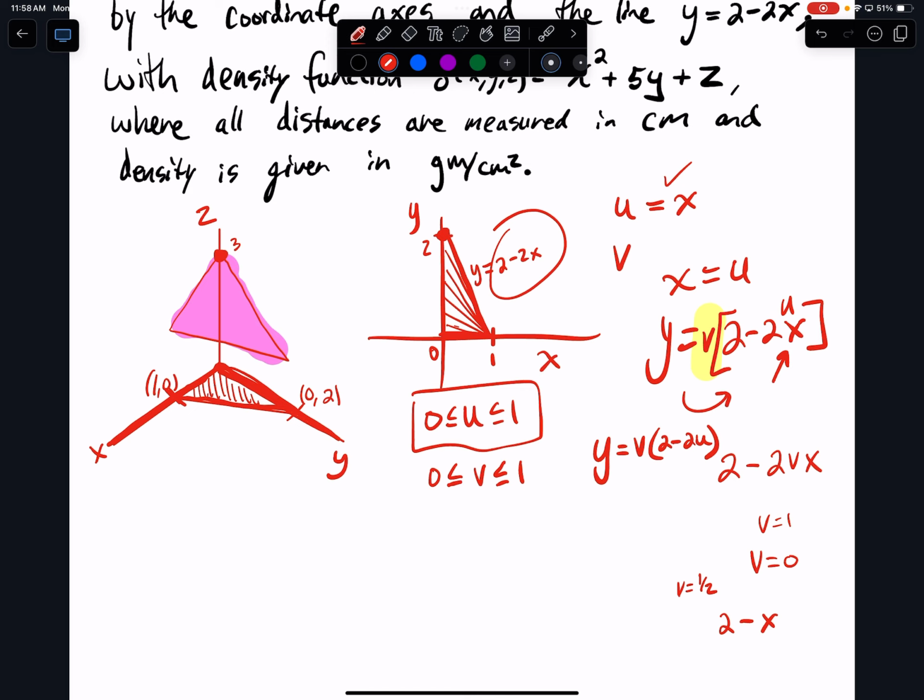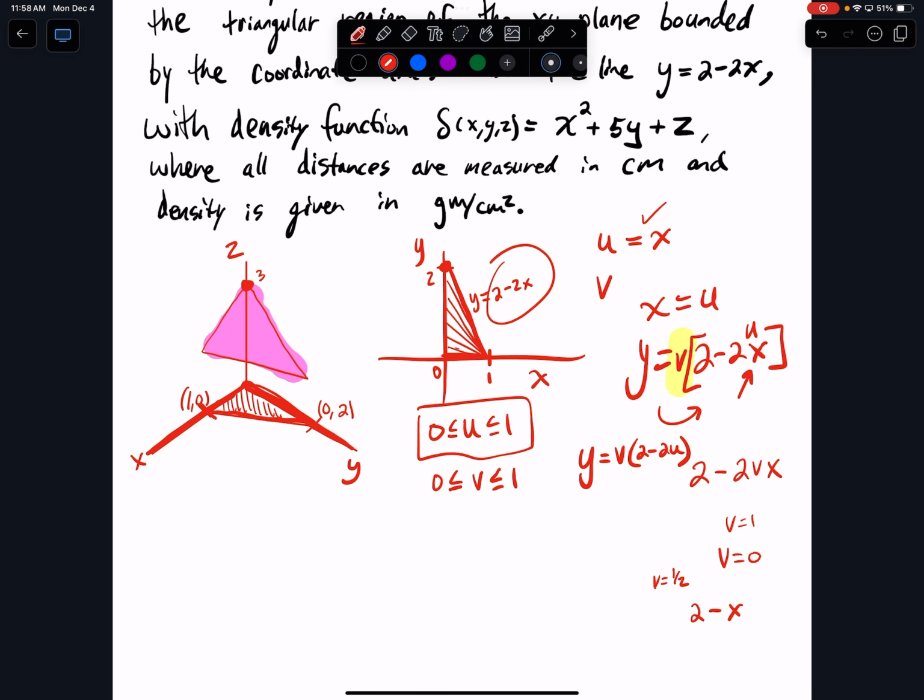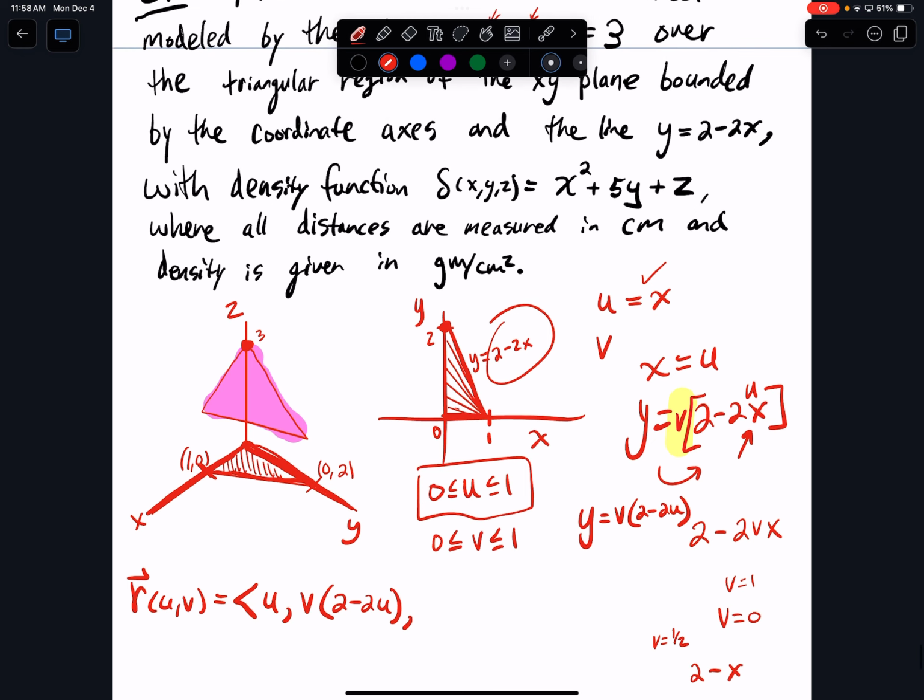Okay. So let's parameterize this thing. R of u, v is u, comma, v times 2 minus 2u, comma, and what's the last component?